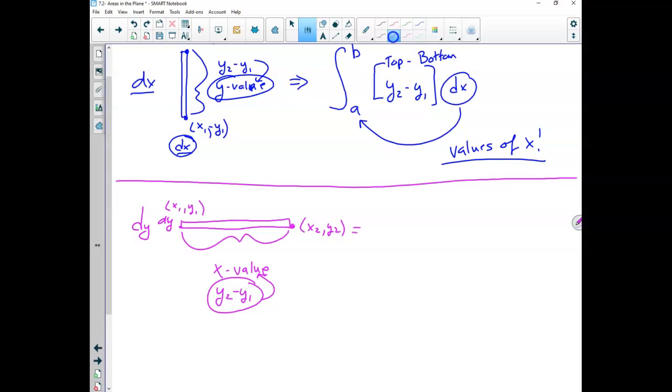So what's going to happen is this is going to be the integral, and I'm not going to say a to b. I want to change these variables just because I have it on here, and I'm going to say c to d, and it's going to be from x2 minus x1.